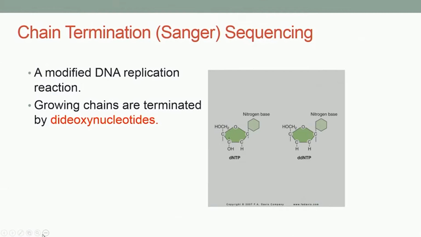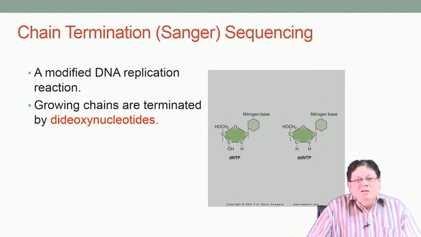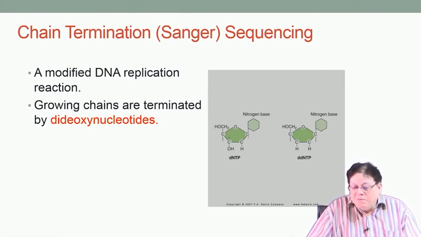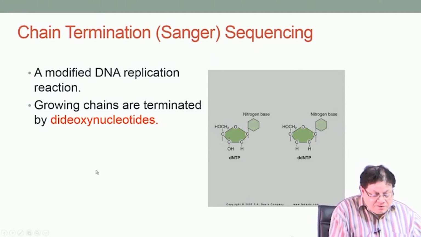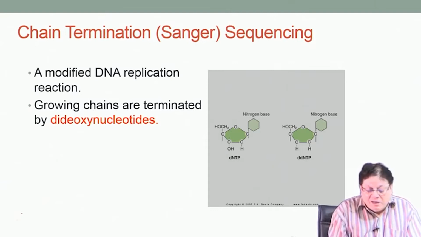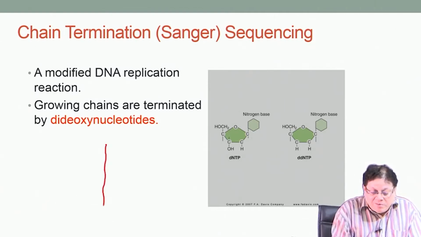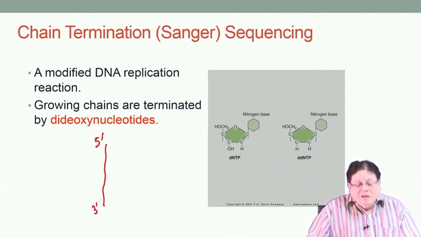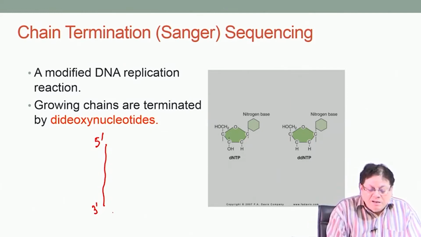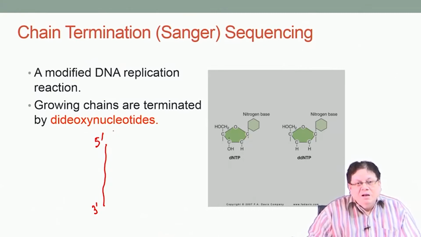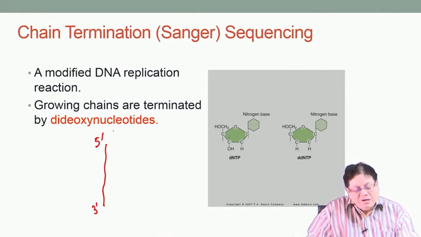Now, what is the principle behind Sanger's method? There is an enzyme called DNA polymerase, and its job is to make the DNA polymer. If you have a single strand of DNA, 5 prime, suppose this is 3 prime, then the DNA polymerase can make the complementary strand of this primary DNA strand.